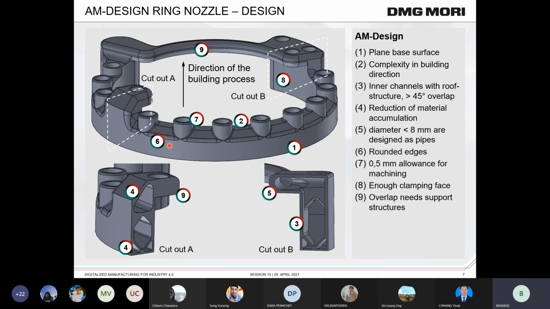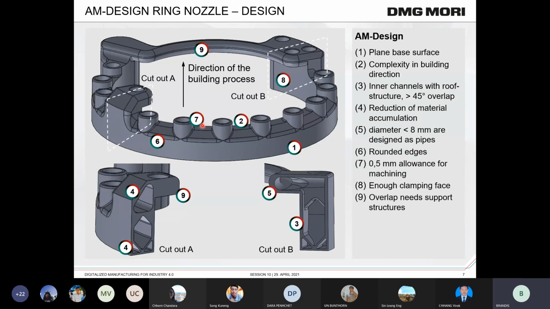We have rounded edges, marked with number 6, and we have in the inner geometry an allowance for machining, an offset. We print the part a little bit bigger, normally 0.5 millimeter offset, to enable the final machining later on with a machine tool. If you want to do the final machining with a machine tool, you need clamping surfaces.